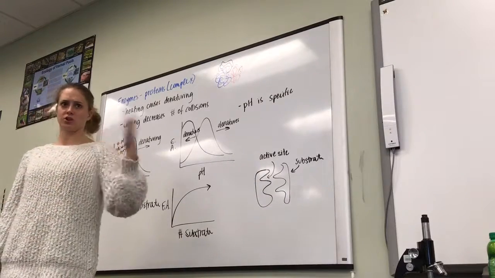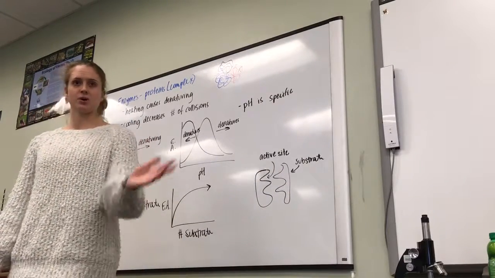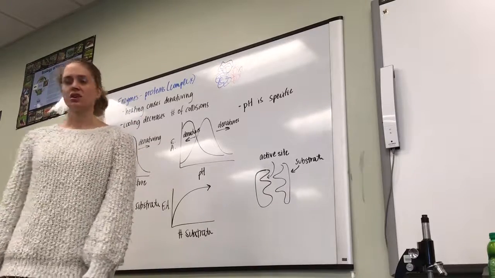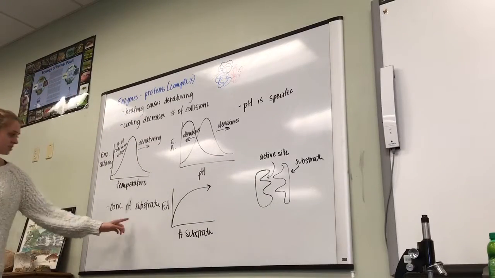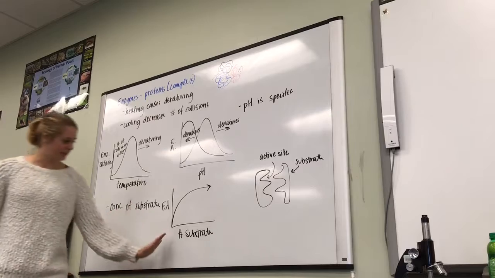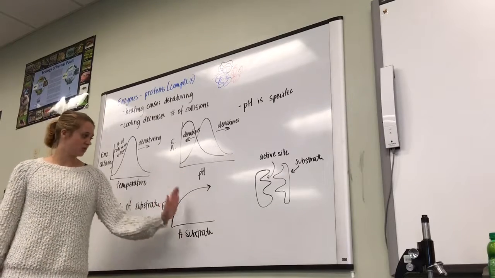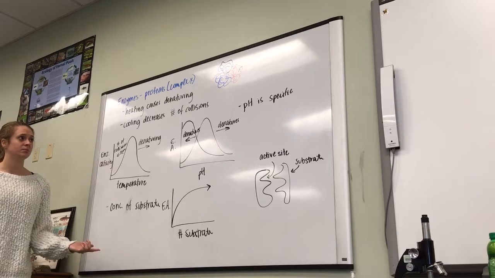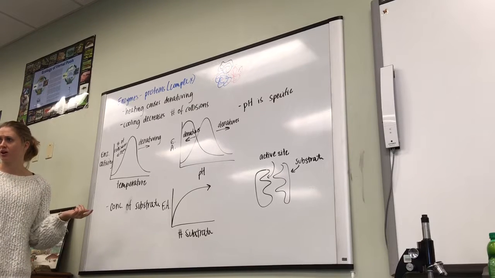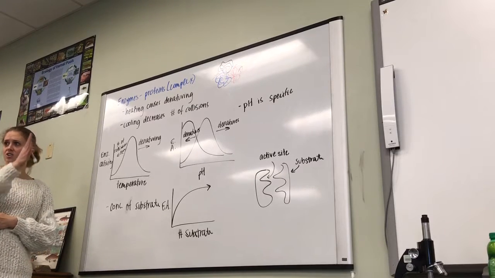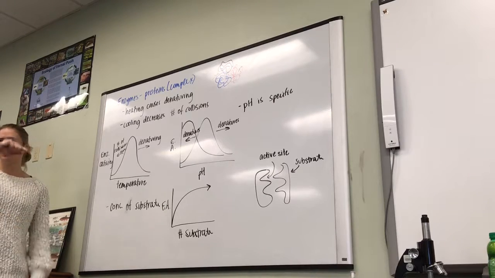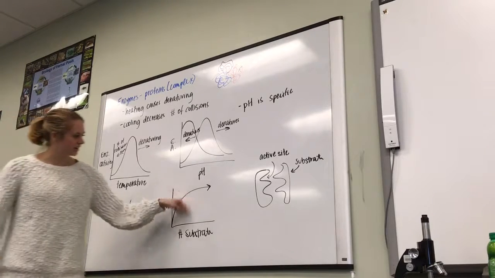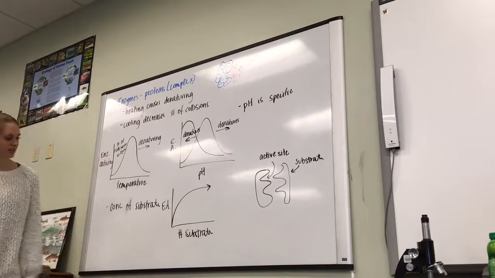The enzyme can only work so hard. So the concentration of substrate increases, and then once it gets to a certain point, levels out. And we saw that in that lab. I don't know if you guys remember it, but we saw it increase, and then it stopped. I think there was one point that didn't follow this line in our lab, at least for one class.